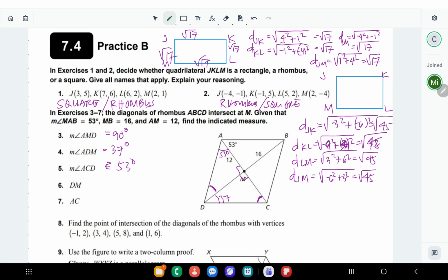Then DM: diagonals of a rhombus bisect each other, so DM is also 16. Then AC is 24 because this is also 12, so 12 plus 12 is 24. You understand?